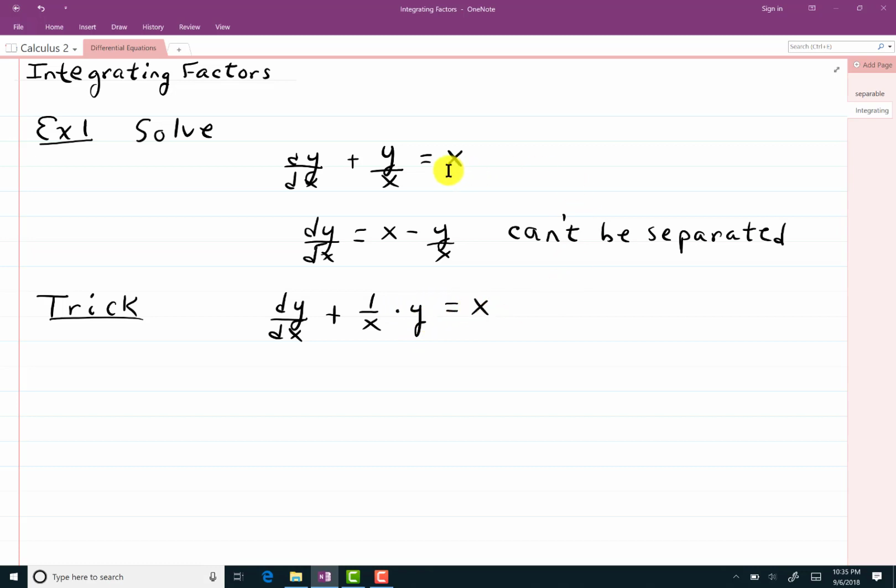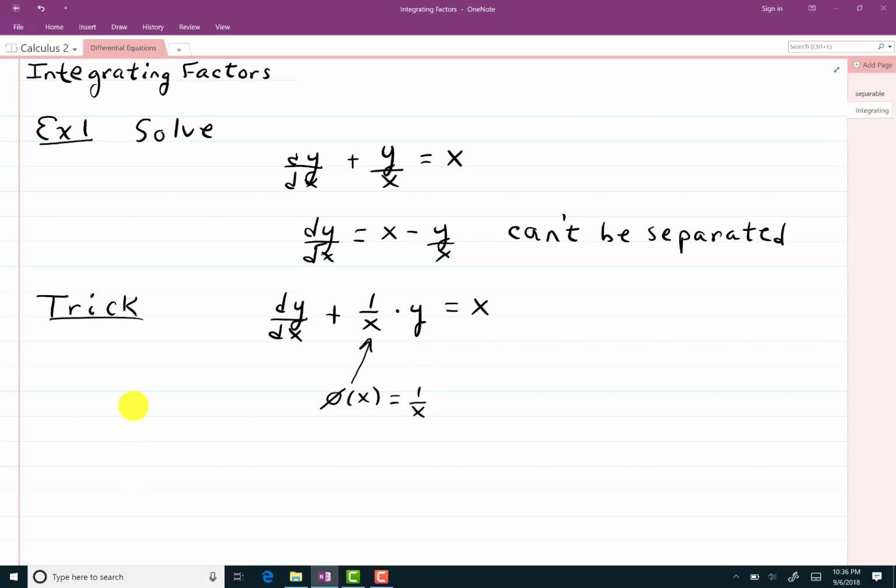Now, had that been a 0 to begin with, I would have been able to separate, but it's not. So I'm stuck in this situation here. Right here is the guy that I'm going to key in on, the 1 over x. This guy right there, I'm going to refer to it as phi of x, for reasons that will become apparent later.